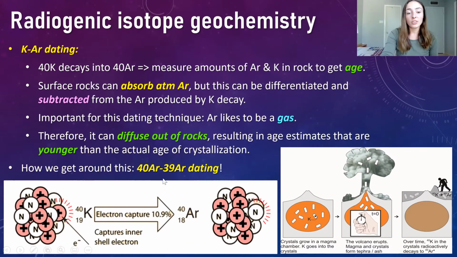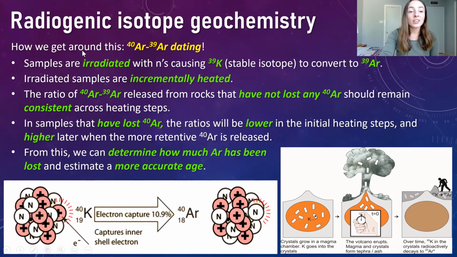When using argon-40 to argon-39 measurements, we can actually get around this issue and measure exactly how much argon has been lost, if any. How do we do this? Well, samples are irradiated with neutrons, causing potassium-39, a stable isotope of potassium rather than radioactive, to convert into argon-39.